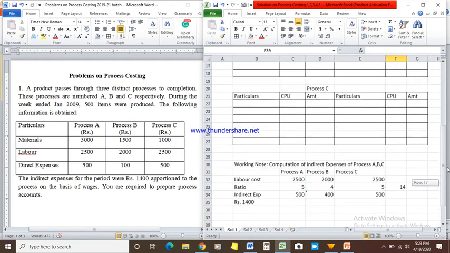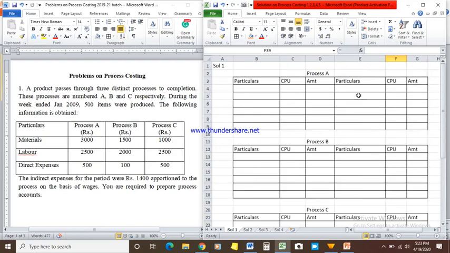Now let's prepare the process account. On my left hand side, we'll start with first, to material, that is 3000, then to labor. Since it's an account, we need to use the words to and by. To for the left hand side and by for the right hand side.